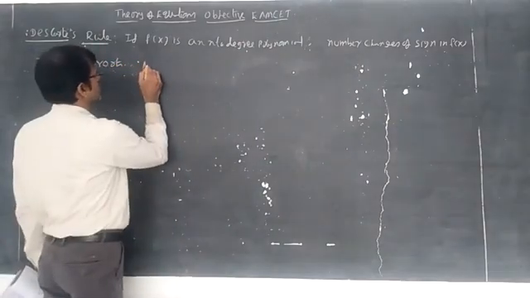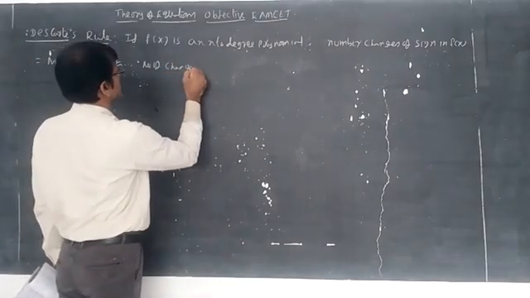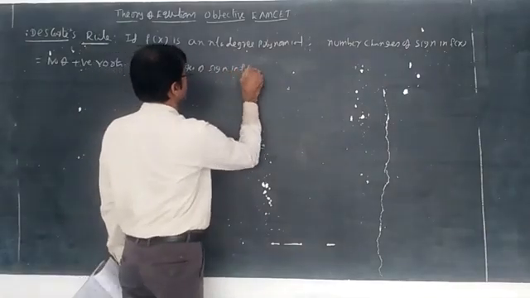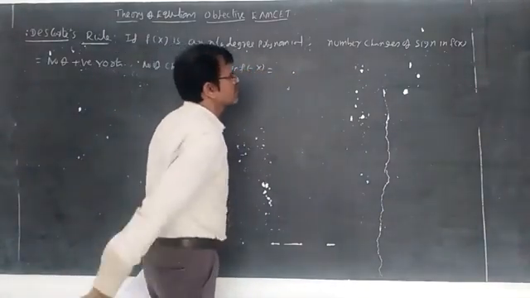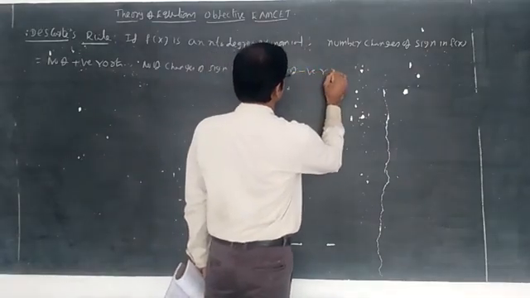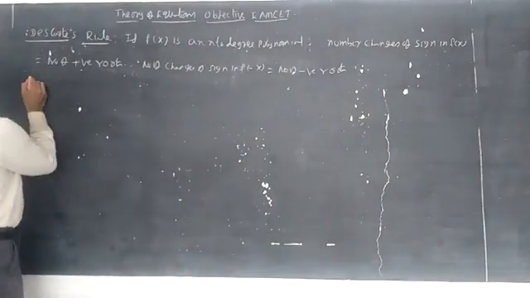Next, the number of changes of sign in f of minus x is equal to the number of negative roots.